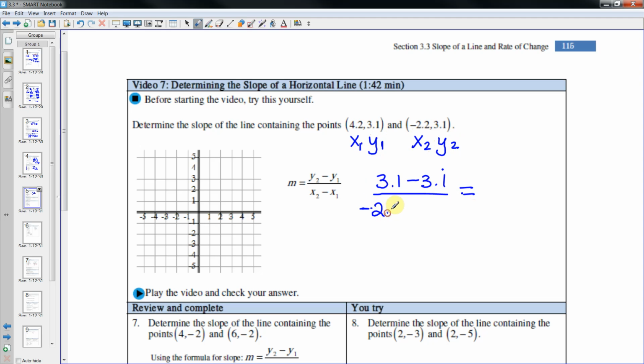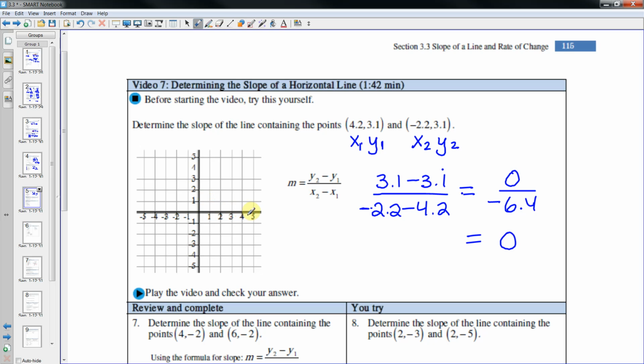Negative 2.2 minus 4.2, that's 2 negatives, so that's going to be negative 6.4, which really doesn't matter what's on the denominator because I've got 0 on top, so I know it's going to be a 0. This would be a horizontal line, because that has 0 slope.